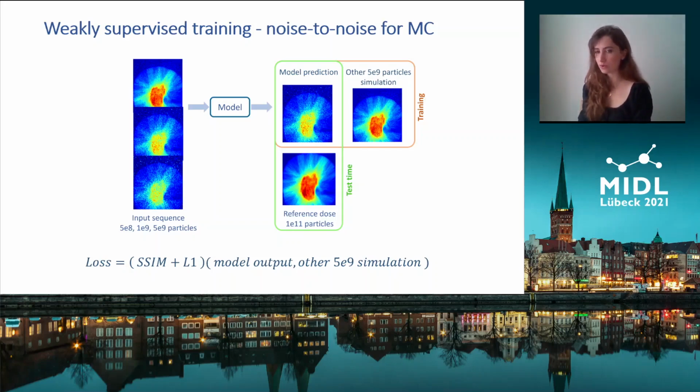And the reference dose is kept for the test time. In our case, we optimized our model using a weighted loss between the structural similarity index measure and the L1 loss. And during training, the loss is computed between the model's output and another noisy simulation of the input patient.